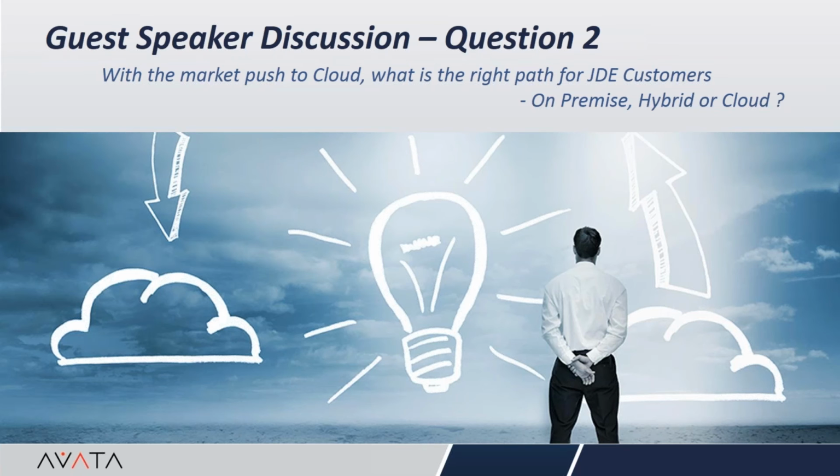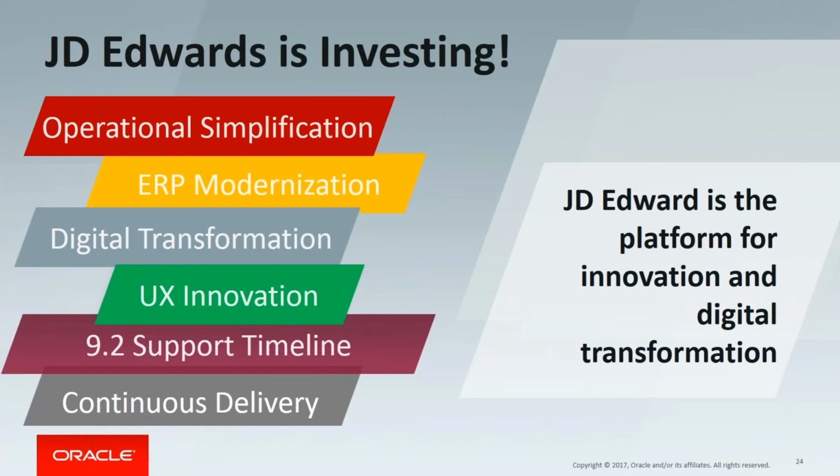So SaaS or PaaS could bring a lot of value to the organization. So that hybrid model could make sense. And as I said, we haven't had a lot of customers yet totally abandon JD Edwards and go to cloud, and it's because of the investments that we're making in JD Edwards.